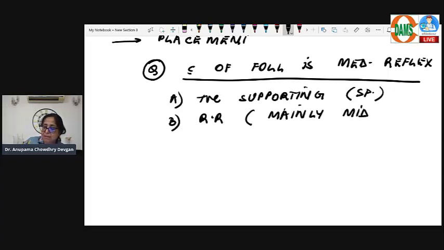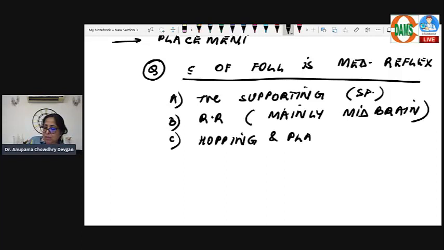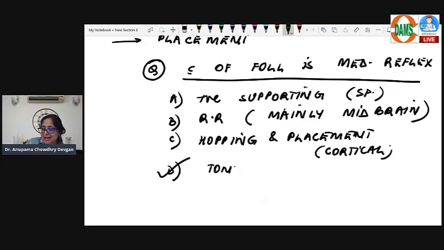C, hopping and placement reactions. Hopping and placement is cortical. So the answer is obviously D, the tonic neck reflexes. Tonic neck reflexes are your medullary reflex.